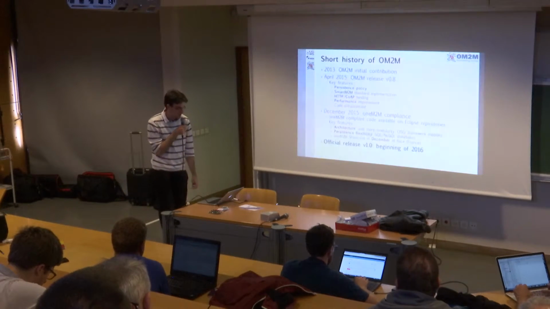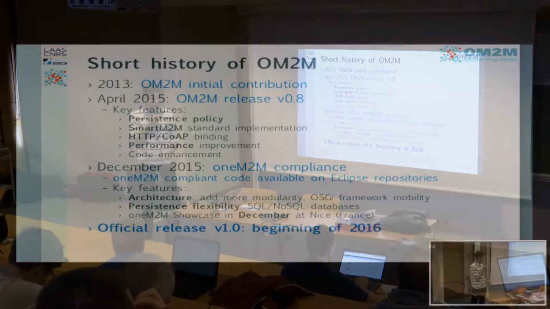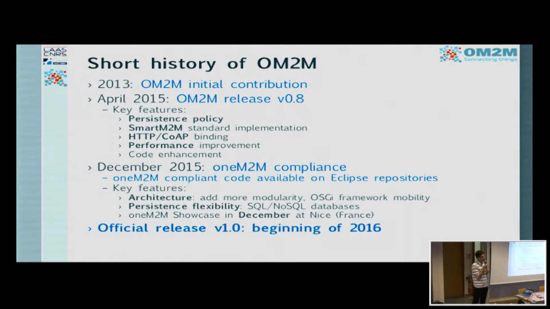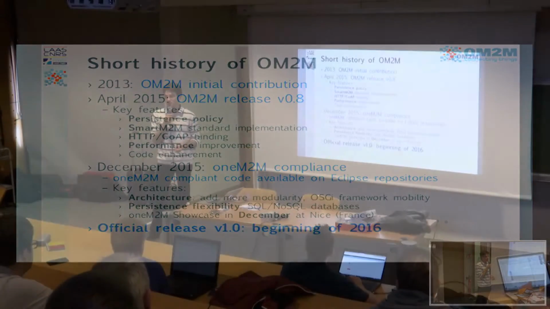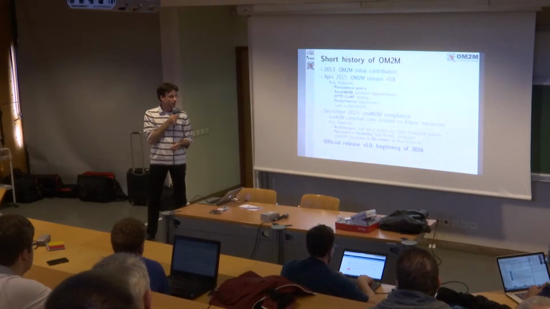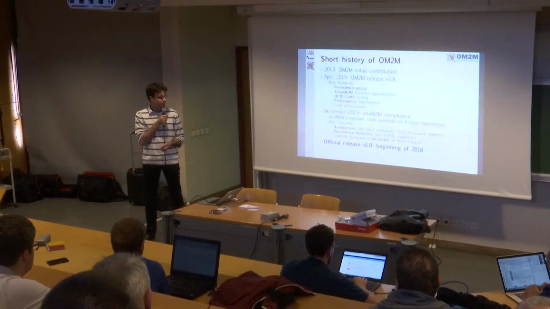So, a short history of the system. First, we started the initial contribution in 2013, the first publication on the Eclipse Foundation. And we made the first official release in April 2015, which was about the SmartM2M standard, the European one, with some features and protocol bindings.